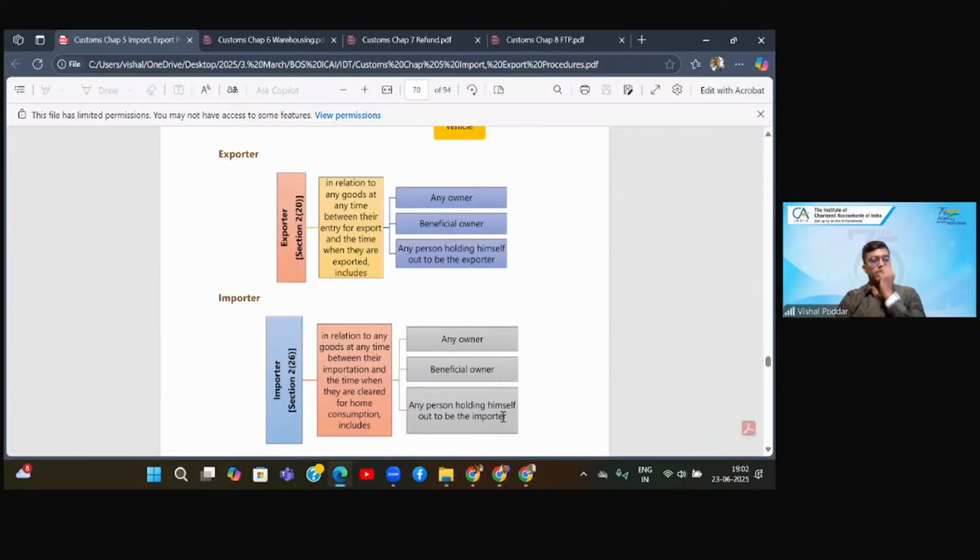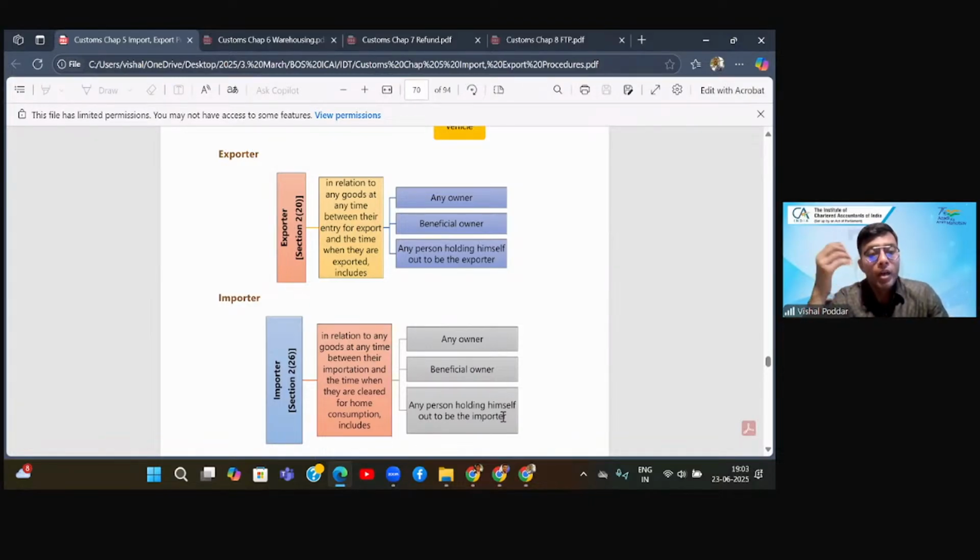Now, please understand, many times it so happens that, for example, I have ordered some goods, I want to import some goods which are coming from UK, US. But I will not go to the Bombay port or the Gujarat port for actually clearing these goods. Please understand this. Means what?